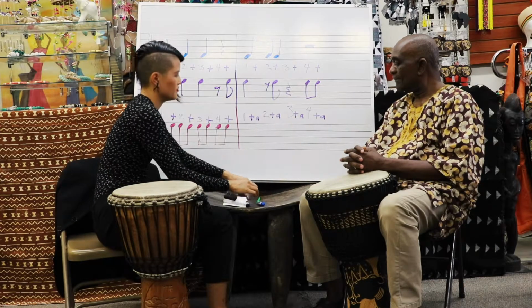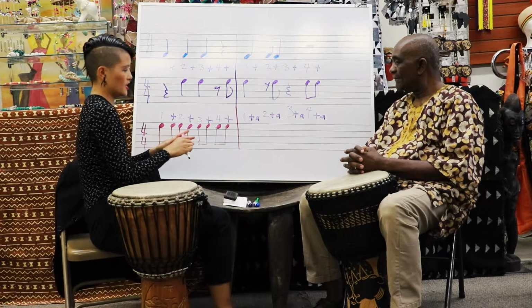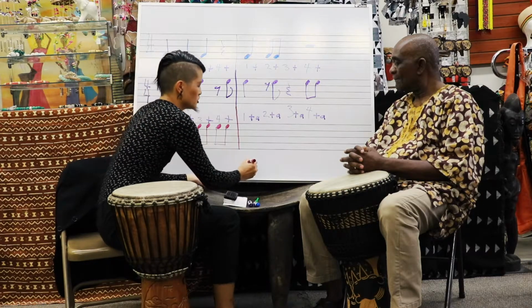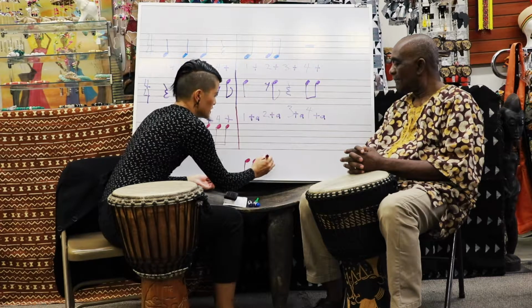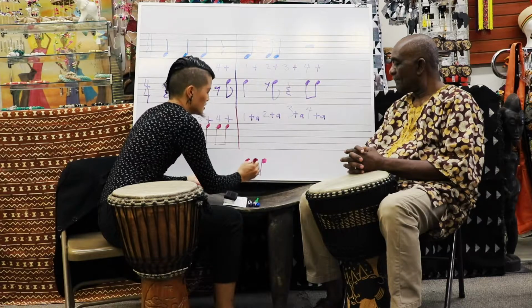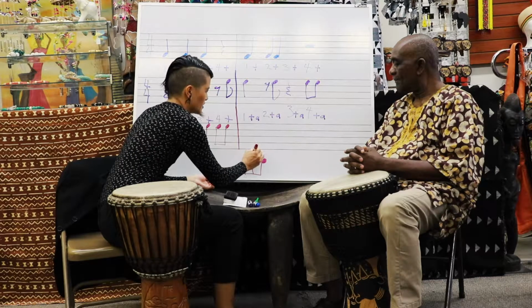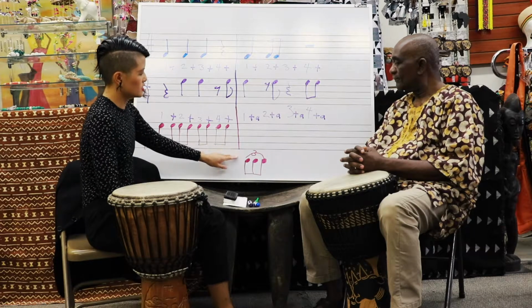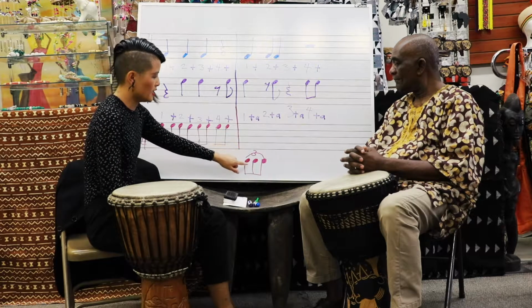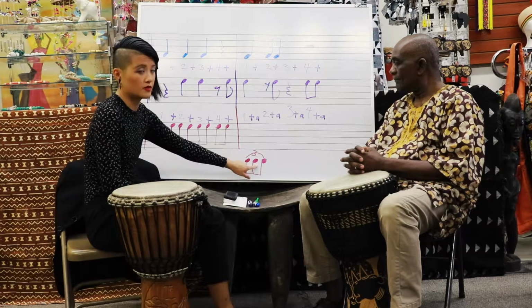So notice that the triplet subdivision usually looks like this: 3 little eighth notes that are attached together with a little slur and a number 3. So we're not going to play the middle note here.